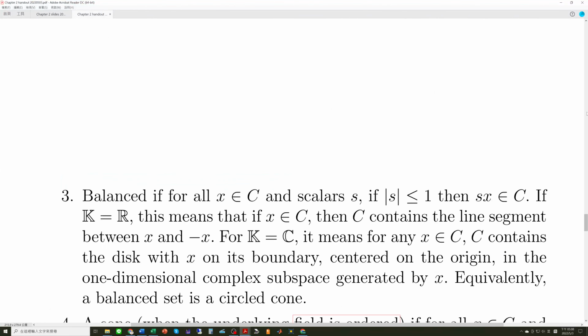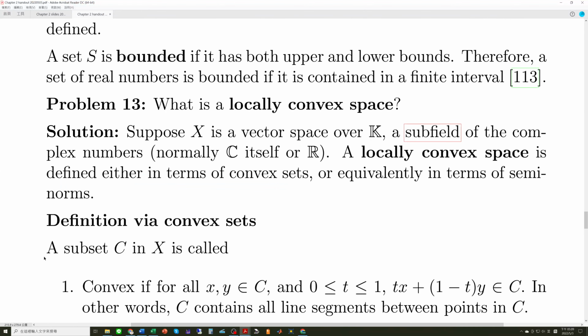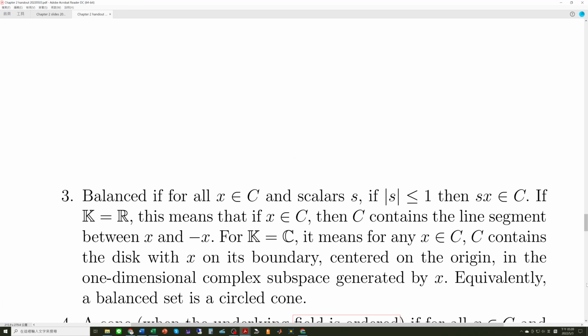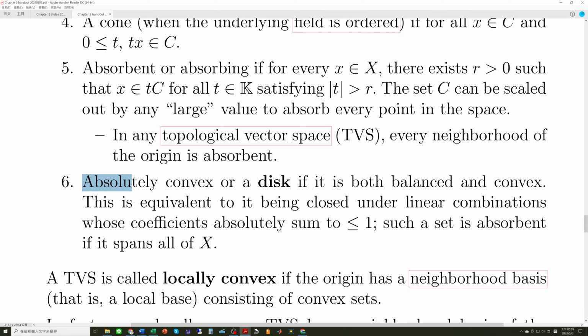What does this mean? It means that a subset C in X, where X is a vector space over K, K is a subfield of the complex numbers, normally the set of all complex numbers itself or the set of all real numbers, is called absolutely convex or a disk if it is both balanced and convex.